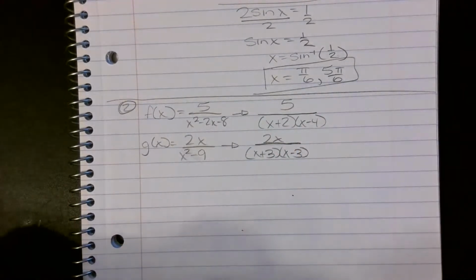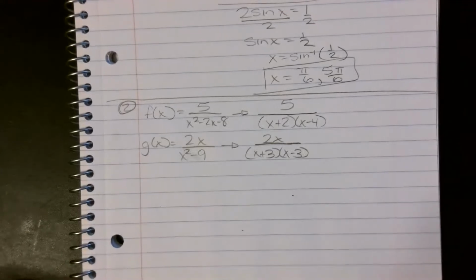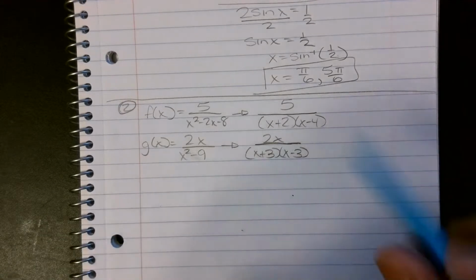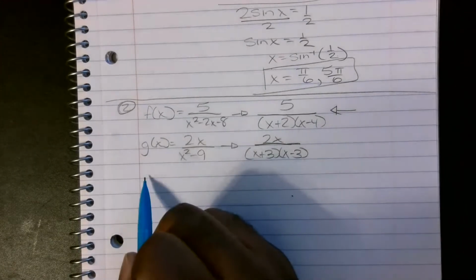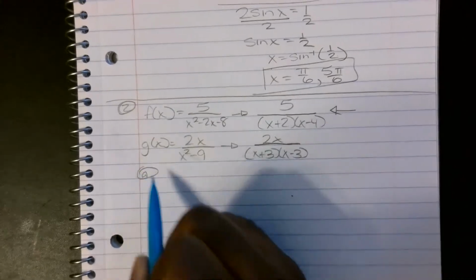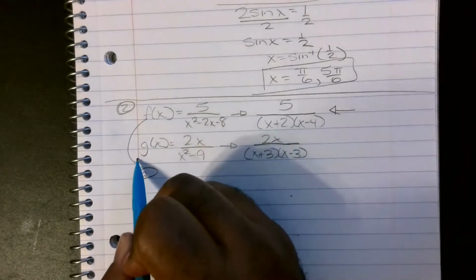Now, when you do the choices, you're looking at a few things. First, let's take f of x to look at first. So we'll say A. This is for f of x.